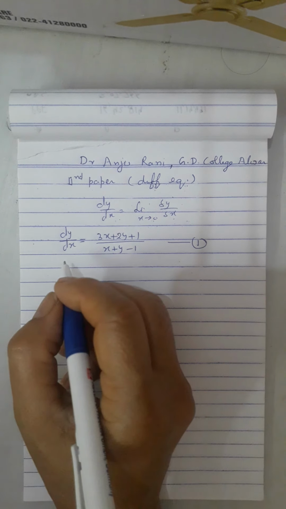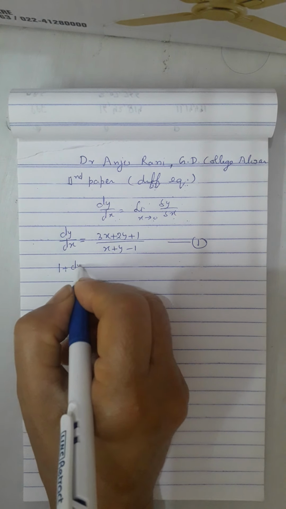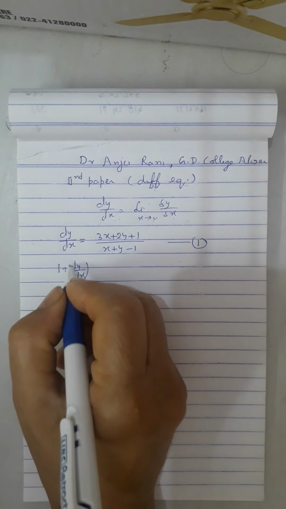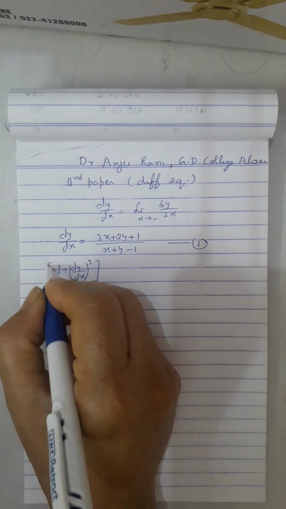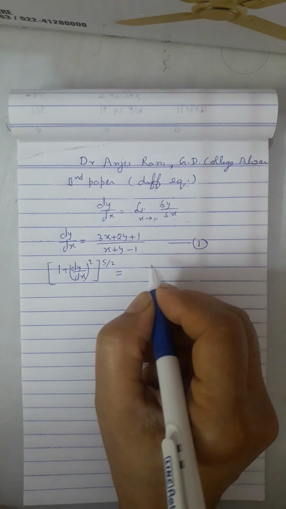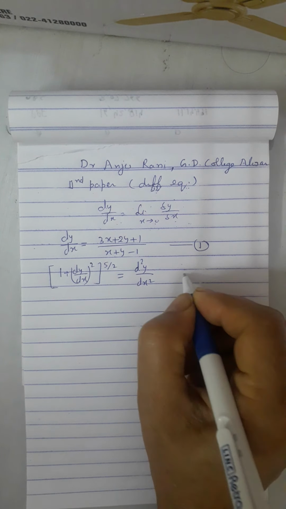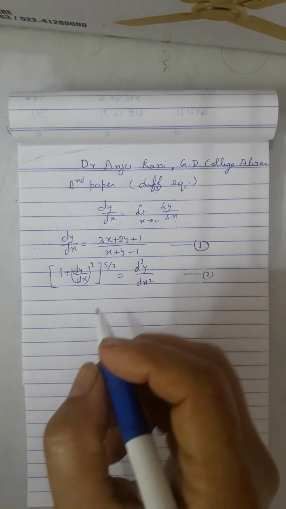Or let us take another equation, 1 plus dy by dx whole square, raised to the power 5 by 2, is equal to d2y upon dx square. Let us say it is equation number 2.